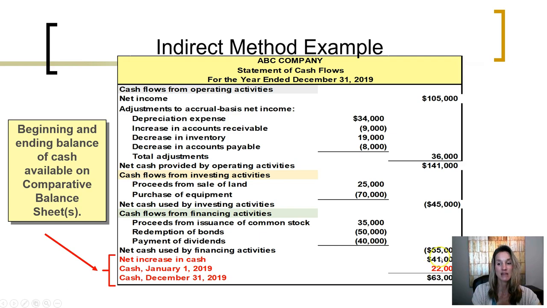We then combine the amount of that increase with the beginning cash balance, resulting in the ending cash balance for the year. If the increase or decrease we calculated when combined with the beginning balance in cash equals the ending balance in cash, it's pretty good assurance that we prepared the statement of cash flows correctly.